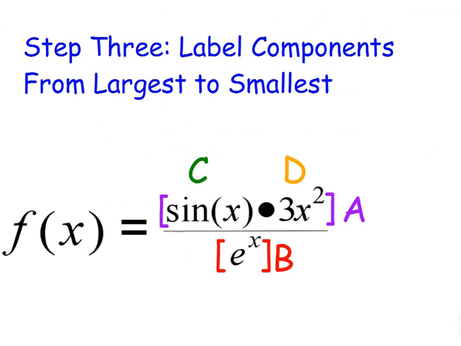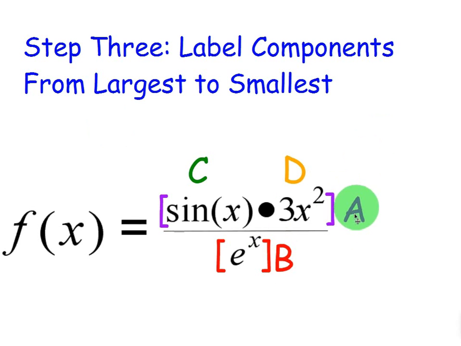This is the way I teach my students. What we're going to do next is label each component of the expression that we're given. So here's how I like to do it. I like to label the outermost part of my function as a, in this case the numerator, and then b would also be on the outermost, simplest terms of the function.